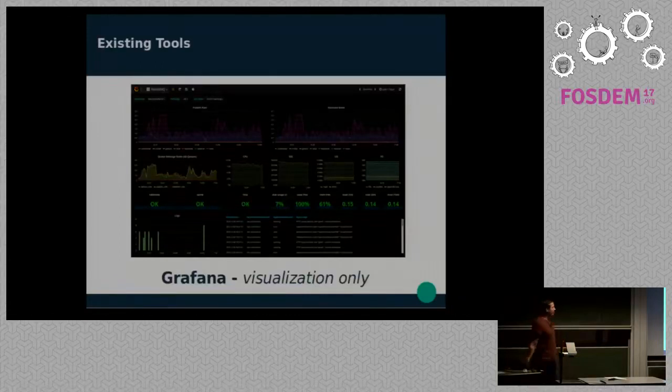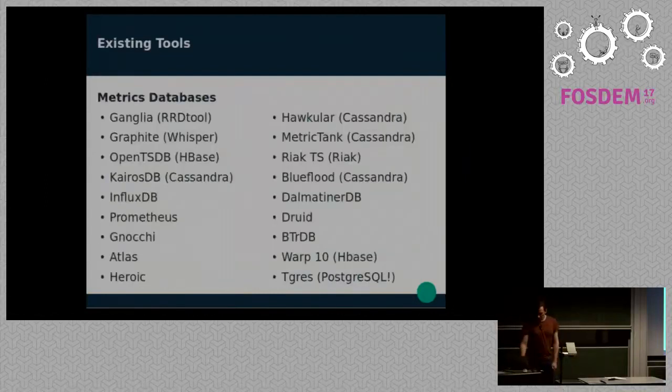But this is only a front end. It doesn't actually store any data for you, and it doesn't collect any data for you. It only draws graphs. It connects to a service which gives the numbers back to it. And this is what is interesting, in that there's a lot of choice of what you can use for this.